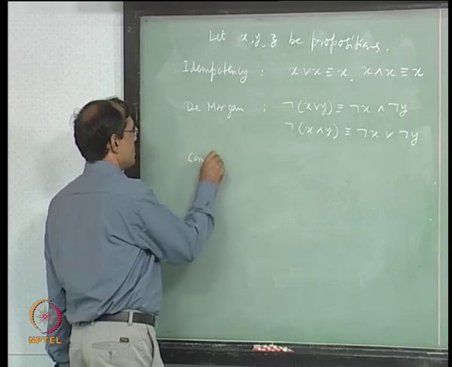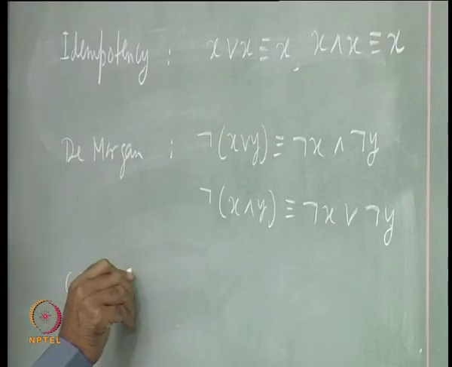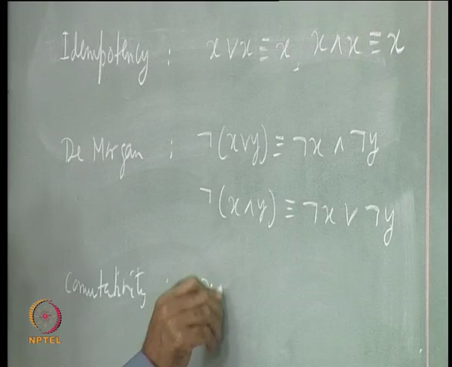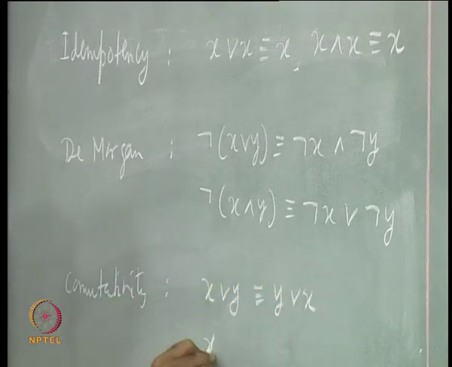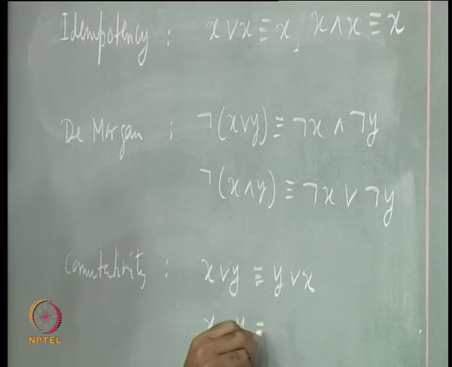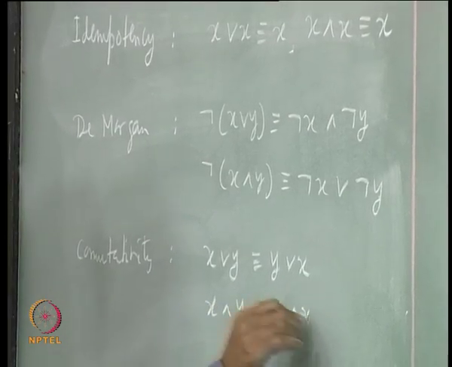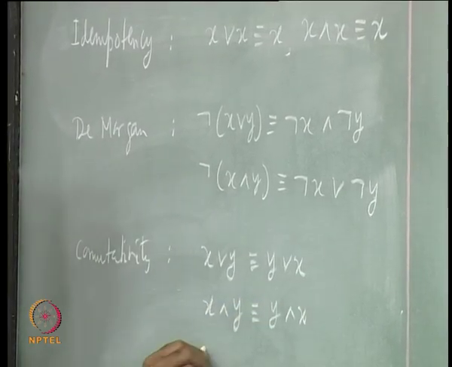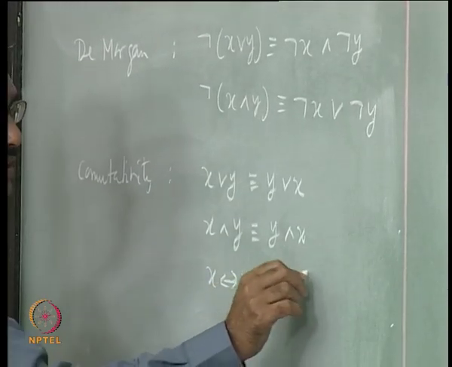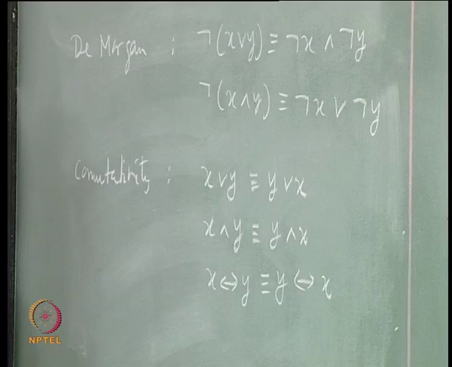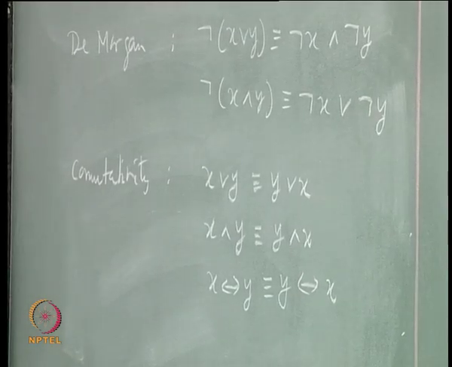You have commutativity, which says x or y is equivalent to y or x, x and y equivalent to y and x. Okay. X biconditional y equivalent to y biconditional x, right.